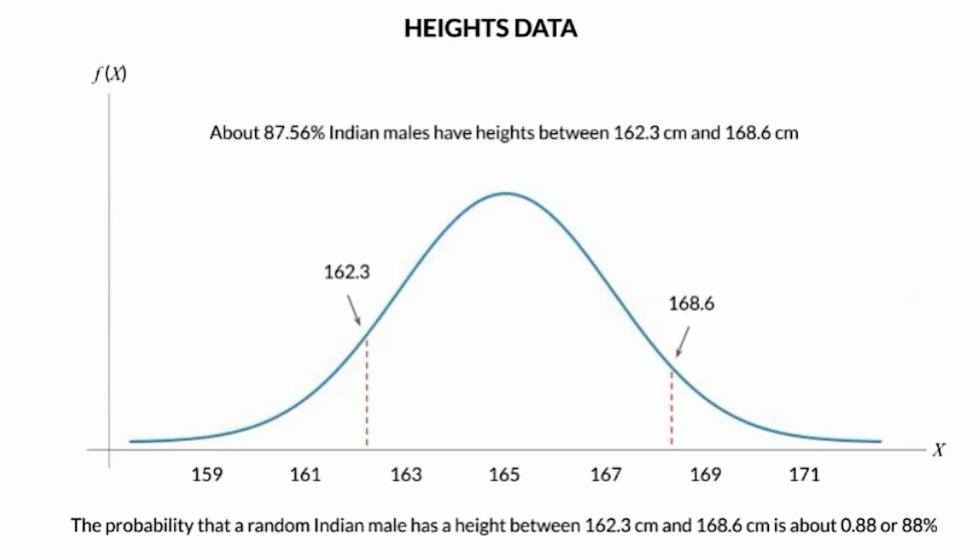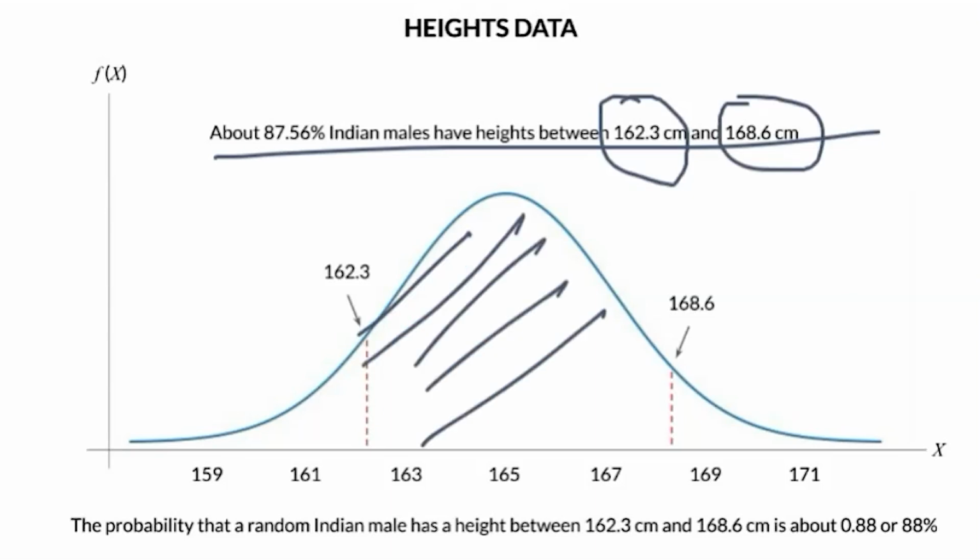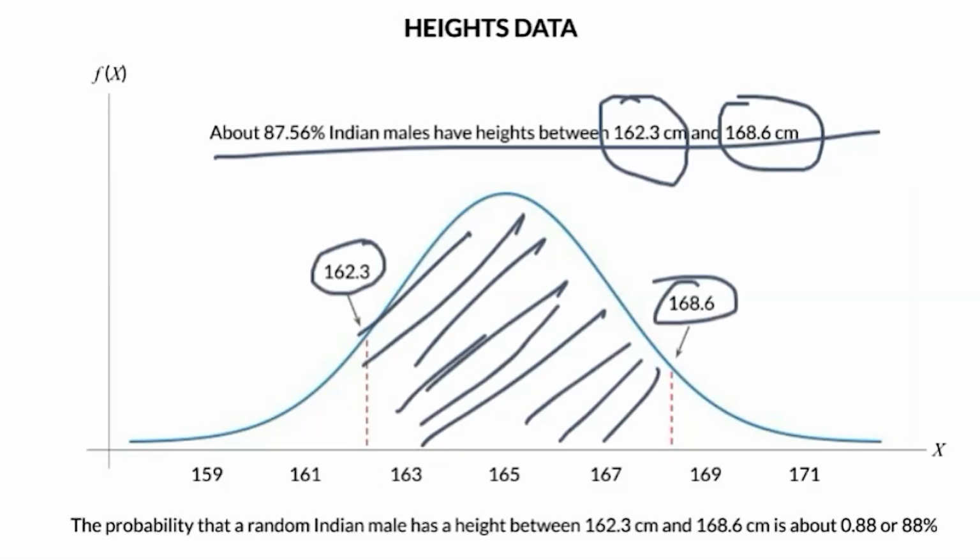And now all you need to do is go back to your basic distribution, the normal distribution, and you can make the claim that about 87.56% of Indian males have heights between 162.3 centimeter and 168.6 centimeter. In other words, we have essentially found out the area between the value of 162.3 centimeter and 168.6 centimeter.